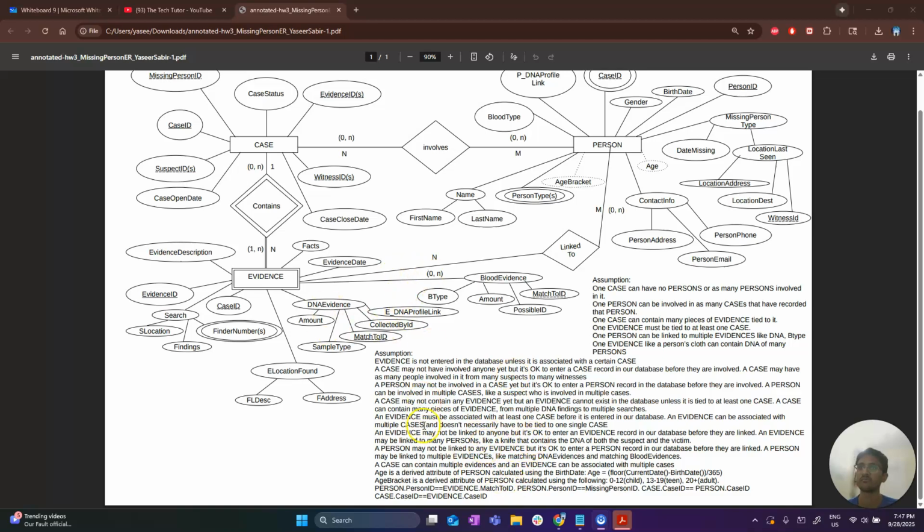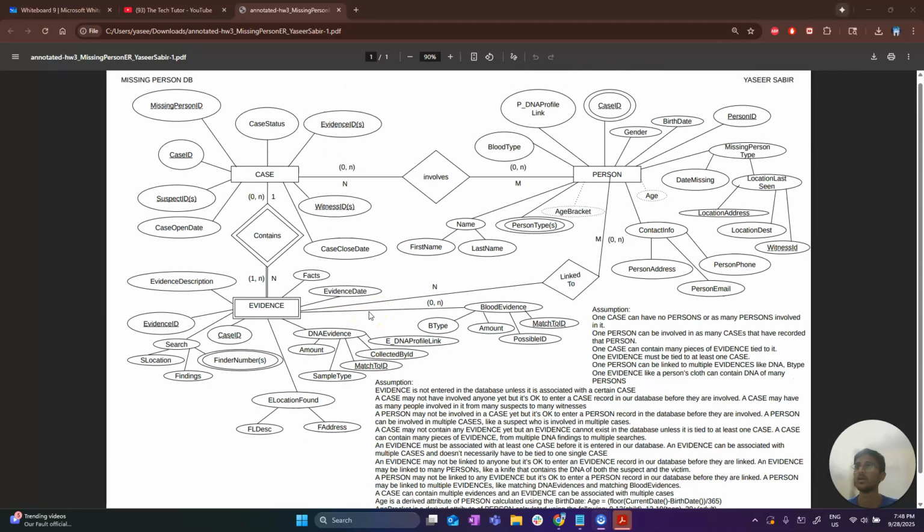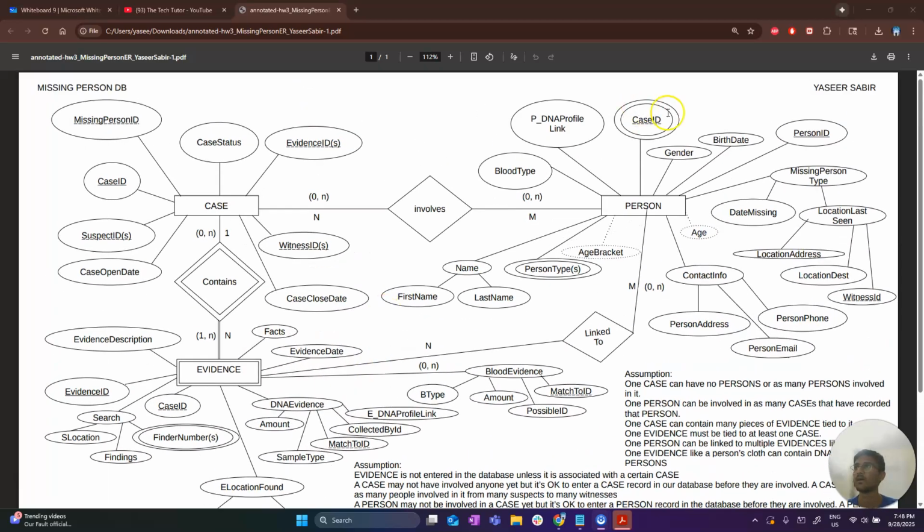What I'm trying to say is these assumption blocks could be a bit less if I didn't have these two relationships, this line and this link-to relationship between person and evidence, which you don't need in your diagram. As you can see, multi-valued attributes, I decided we're going to have multi-valued attributes.